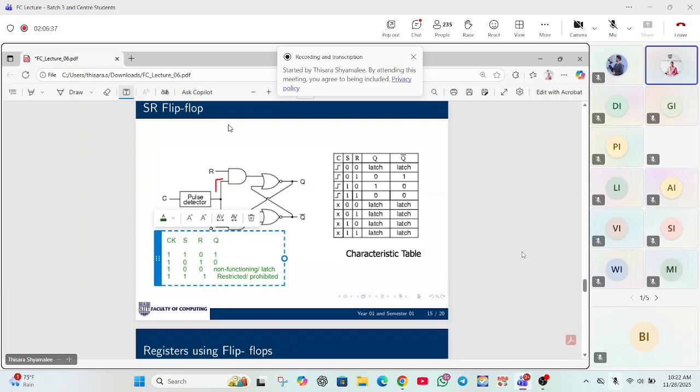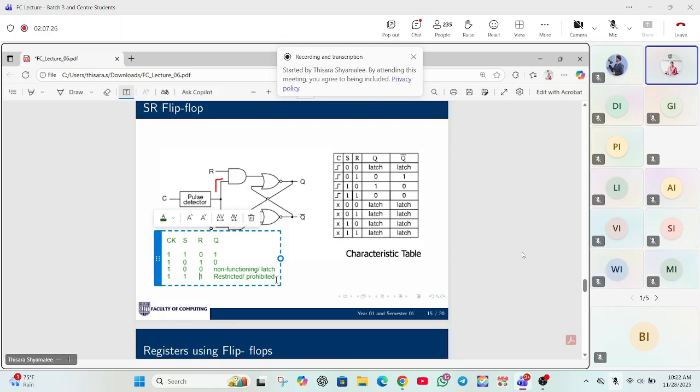No, we can take keep state as well, but I'm not sure, so it's better to use these terms. Non-functioning, I think, is also the same as keep state, but I'm not sure about that one. I will check and let you know.